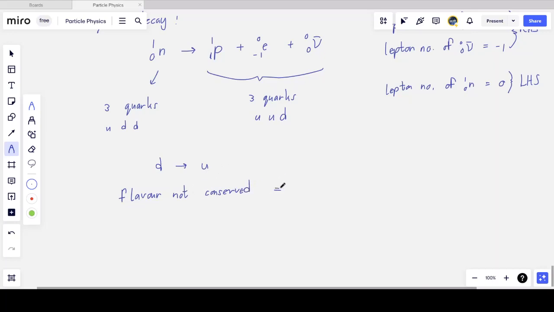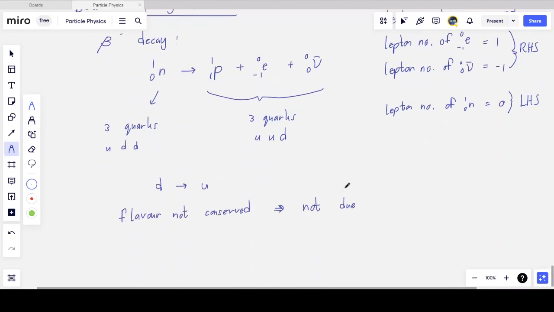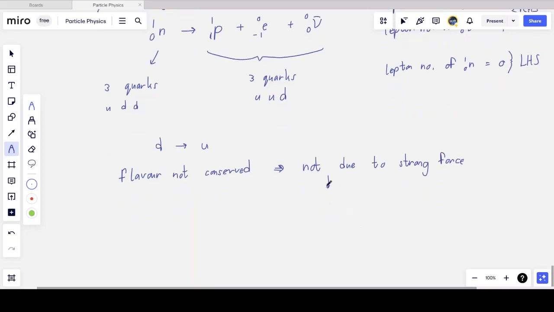So why am I telling you all of this? Because this simple example tells us that this interaction of beta minus decay doesn't happen due to the strong force. So the strong force is not responsible for beta minus decay. Beta minus decay is actually understood, but not that well understood.